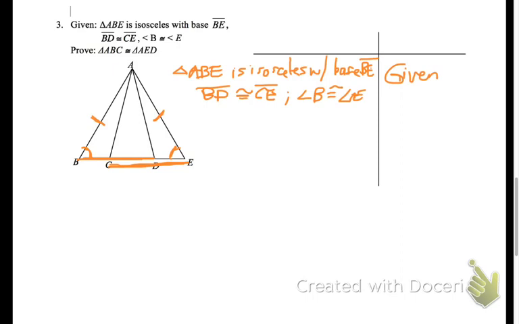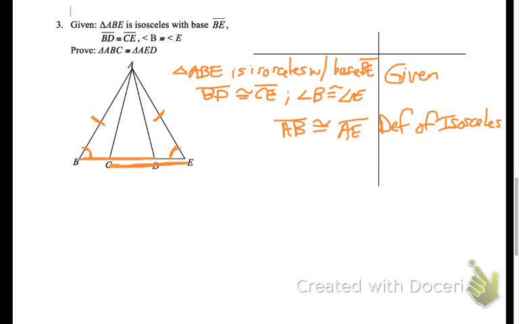Now, what I had explained and showed on the diagram is that side AB, segment AB is congruent to segment AE, and that's by the definition of an isosceles triangle, as I explained before. So we have those segments are congruent.